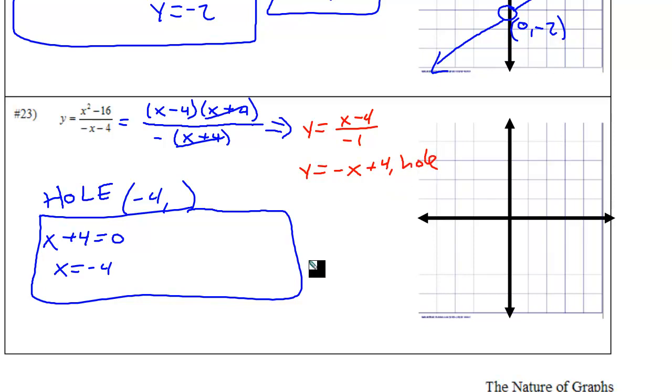This is also a line. Put the x value of your hole in for x. We get y equals 4 plus 4, which is 8. So we have a hole at (-4, 8).